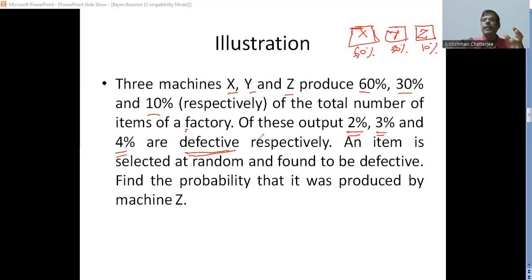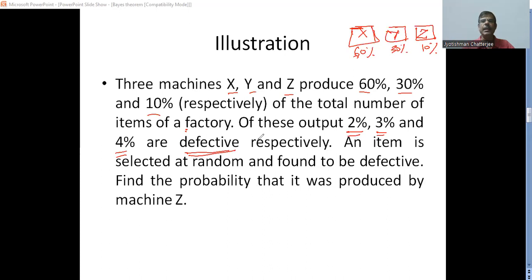Now imagine that all these products or items produced by X, Y, and Z come to a common place, the storehouse. And once it arrives at the storehouse, there is no separate segregation of the items. They're all mixed up. And what happens? A few randomly selected items from there go for quality check, and it's determined whether it's in good condition or it's defective.